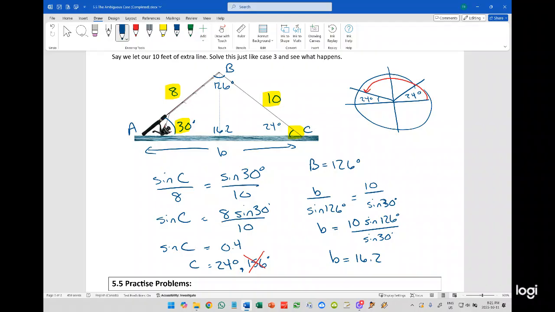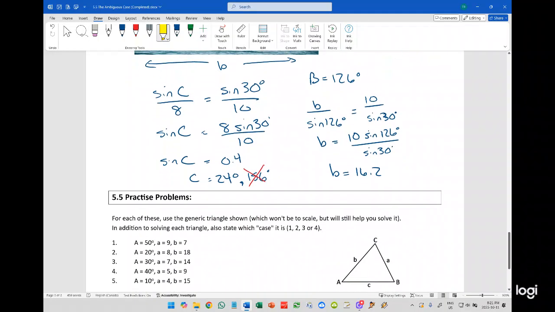So that seems like a perfectly valid thing. And once we have that, let me just make sure here, turn these off for a sec. We have that angle, that angle, that angle, that side, that side, that side. So we have solved for everything in that triangle, and we are done.